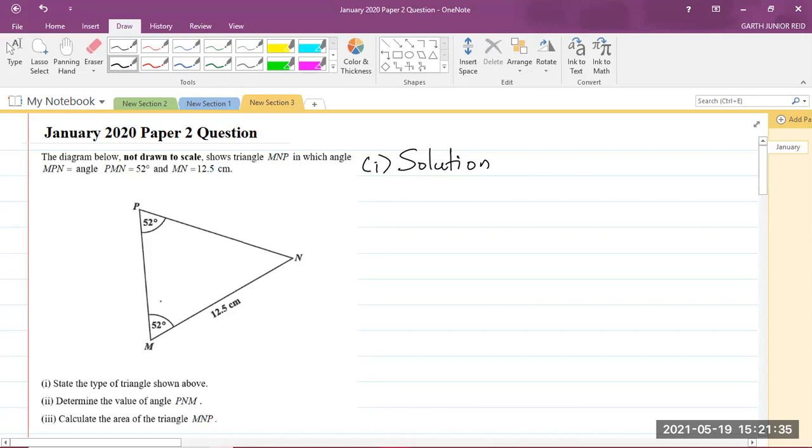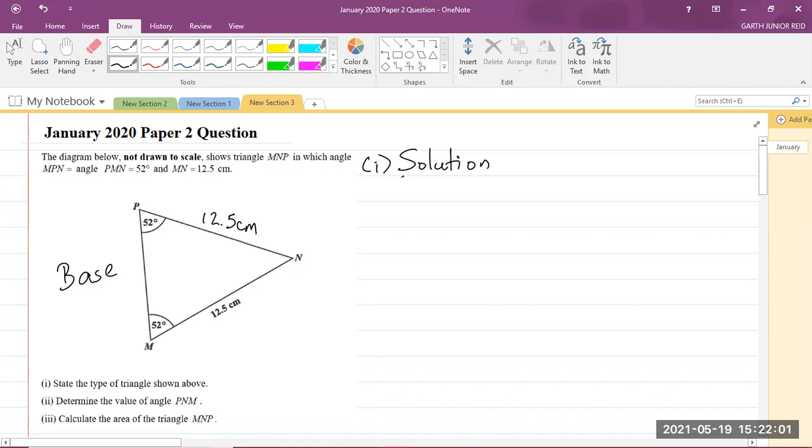As you can clearly see, it means that the side PN is the base. And if the side MN has 12.5 centimeters in length, it means that the side PN must also have 12.5 centimeters in length. So part one asked us to state the type of triangle shown above.